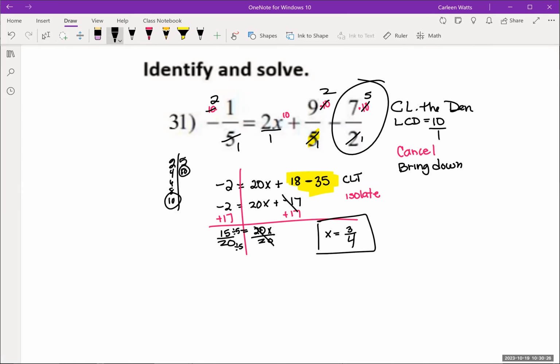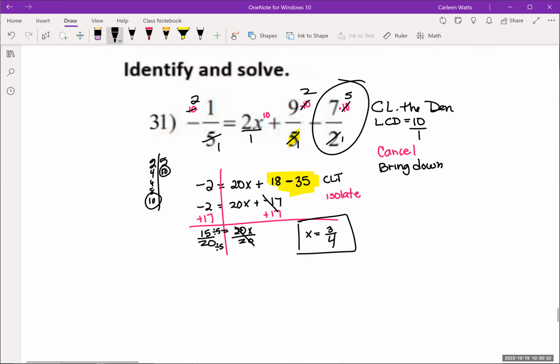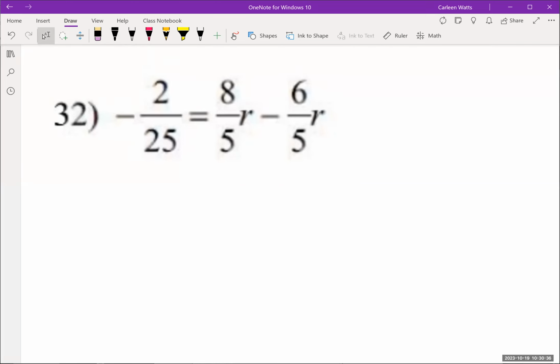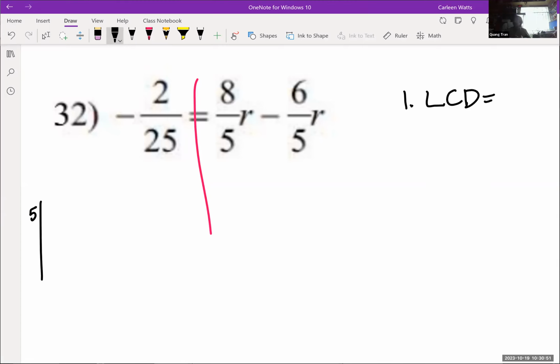Okay, let's do another one. The first one you see, we go to the end and you're like, what? But the more we practice, the better we get. Okay, draw a line down the equal sign. I need the least common denominator. So I need my multiples of 5 and my multiples of 25.